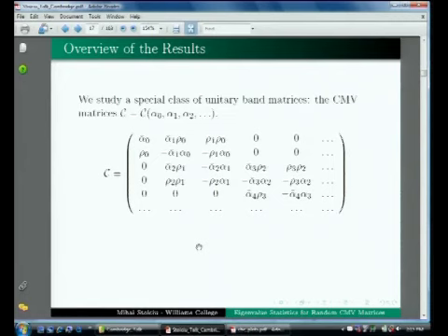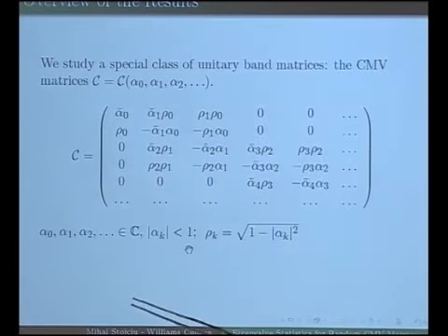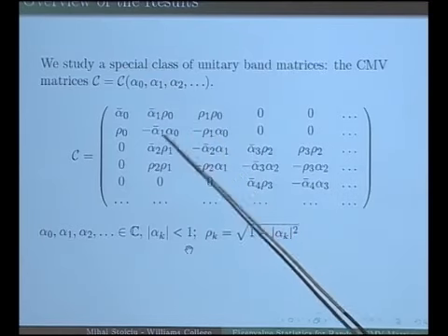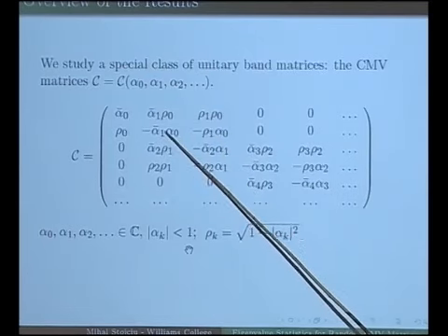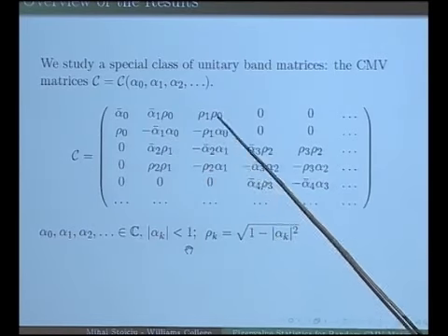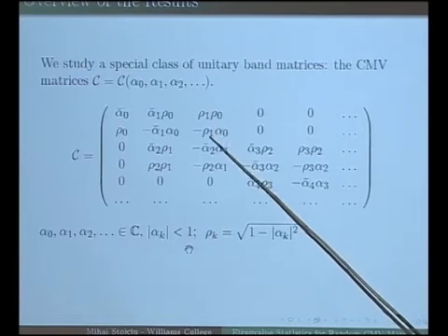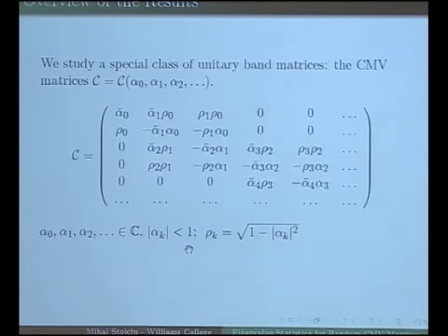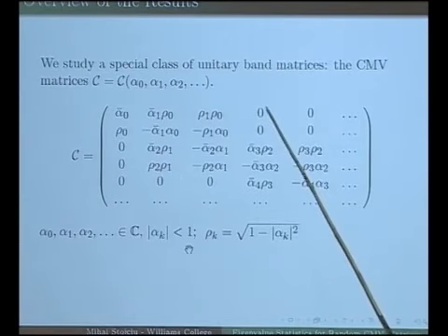Now this CMV matrix, this unitary matrix, is a 5-diagonal matrix as opposed to a tridiagonal matrix in the self-adjoint case. And it's constructed in this way. You see I have here these coefficients, alpha 0, alpha 1, alpha 2. So alpha 1 complex conjugate alpha 0, different expressions.